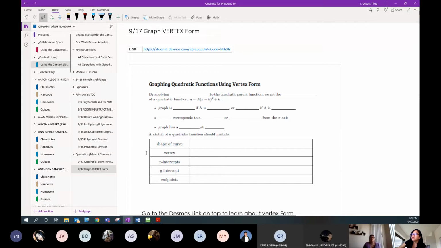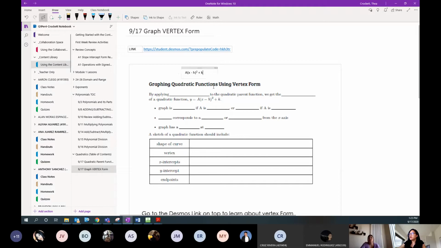Okay, so yeah, the next one is gonna be the vertex form, and you're gonna click this later. But before we do that, let's answer the blanks here so that once you start the activity, you would know which one to look at, which letter.